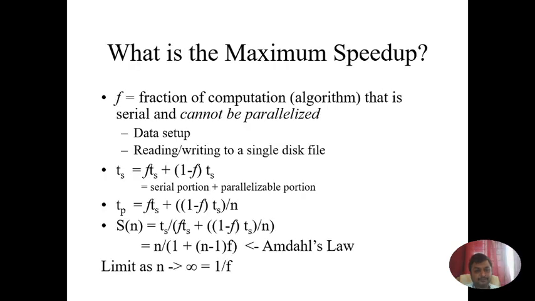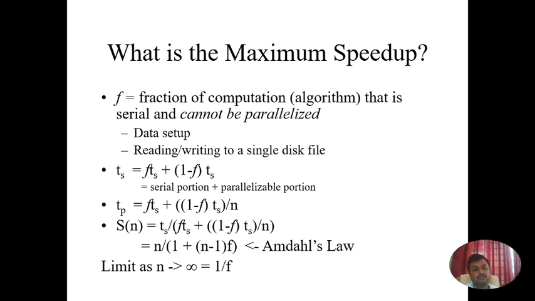Fine. And what Amdahl's law strictly states is, if there are n processors, I have enhanced my processing capability by n processors. f is the fraction of computation that is serial, completely sequential, no matter what. There is an inherent nature of that functionality that the code has to run sequentially.